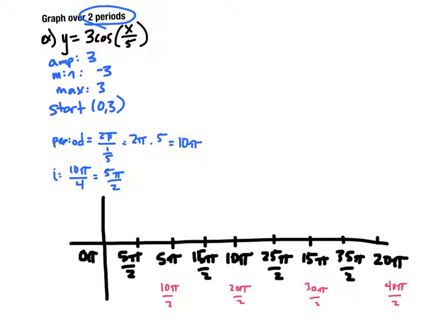Okay, so now that we know where all of these points came from, let's graph. Since it's a positive 3, I'm going to start at my max. So 3, negative 3. Start here at my max, and then I'm just going to go through all the same steps.